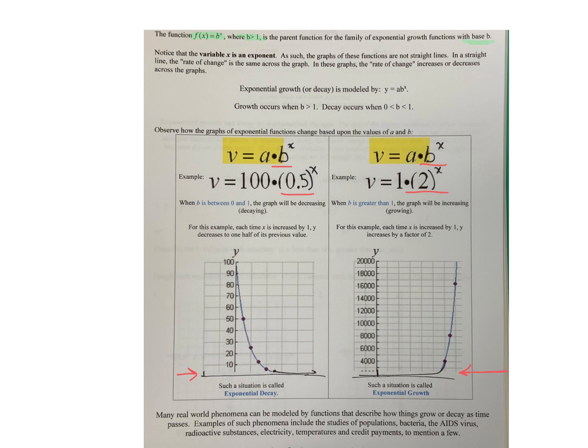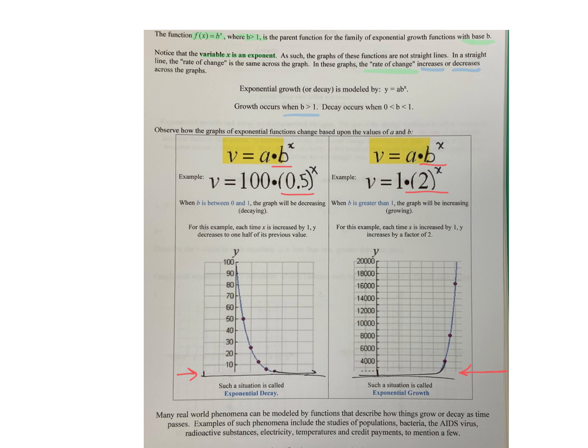The variable x is going to be in the exponent this time, which is why we're studying exponentials. And these graphs don't really have a rate of change anymore. Only lines have a rate of change, but our graphs are going to be either increasing or decreasing, and that will determine whether we are growth or decay.